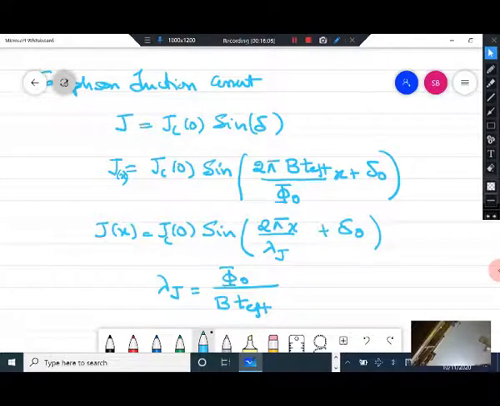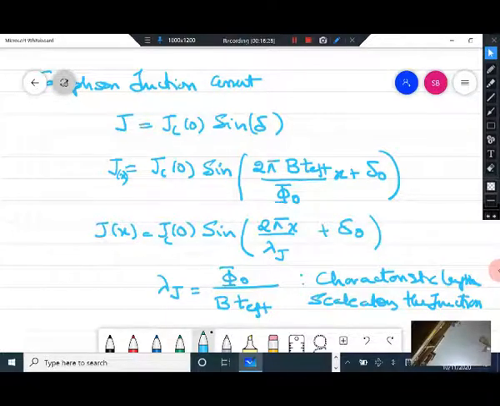This is a characteristic length scale along the junction.